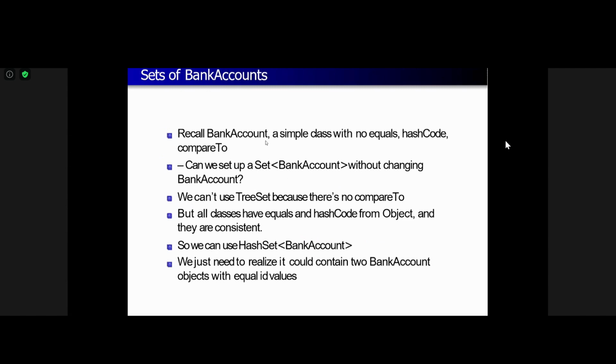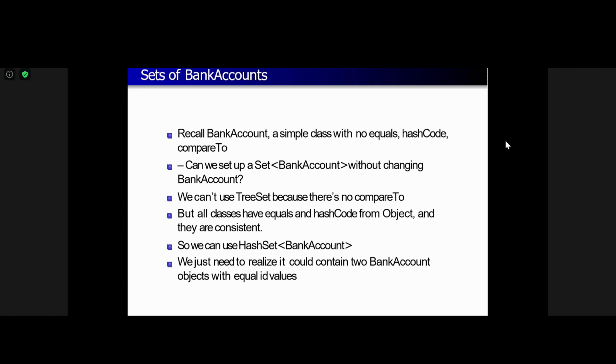Okay, so we've now looked at a case with the full compareTo and equals and so on. But let's go back to a simple case of BankAccount that has no equals. What if we want to make a set of BankAccount? Well, we can't use TreeSet because there's no compareTo.